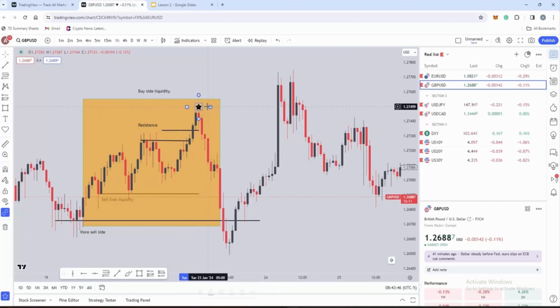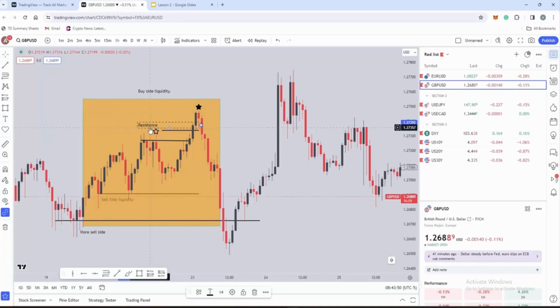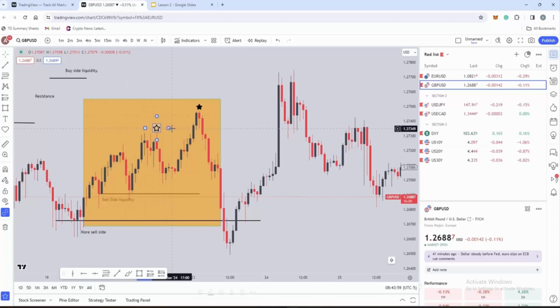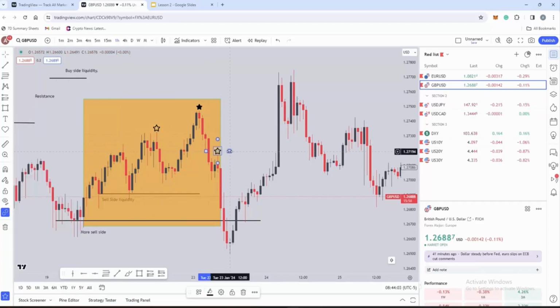This is the main swing high over here, and as you already know, just move this out the way, make it clear. Swing high here to the left of it, and the swing high here to the right of it, and both swing highs are lower than the main one in the middle. And what happens?